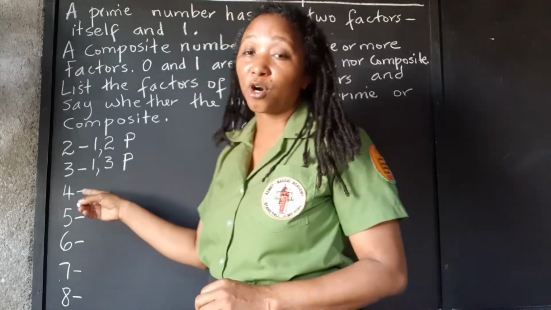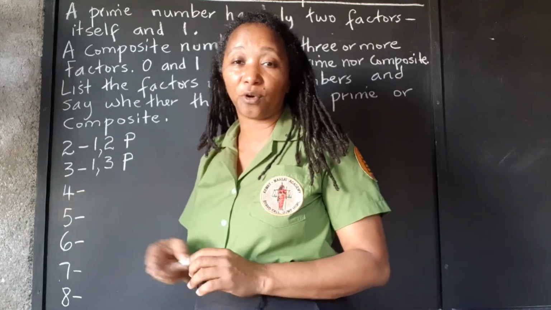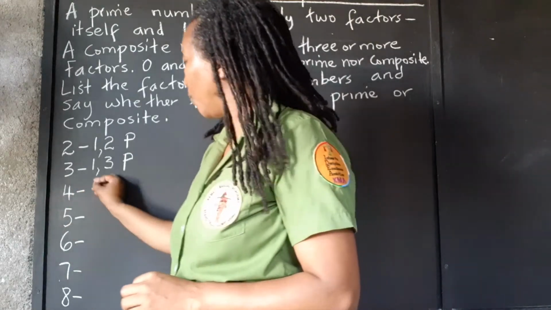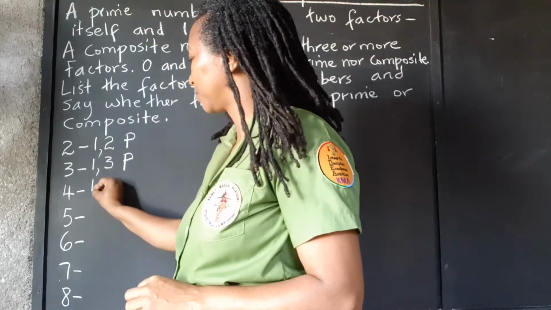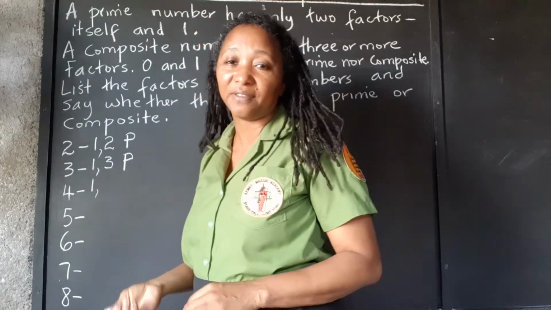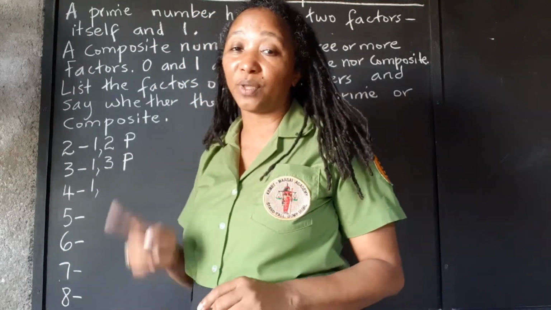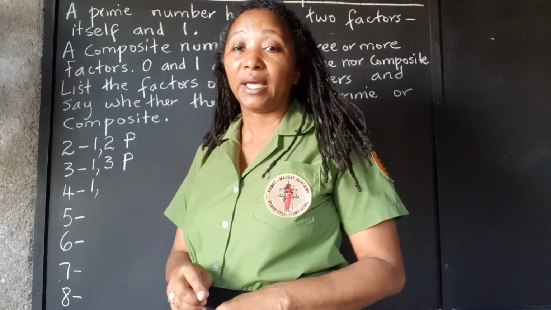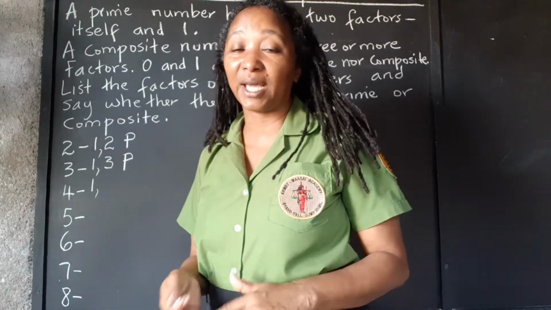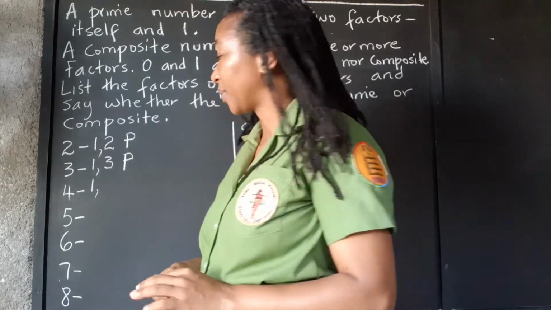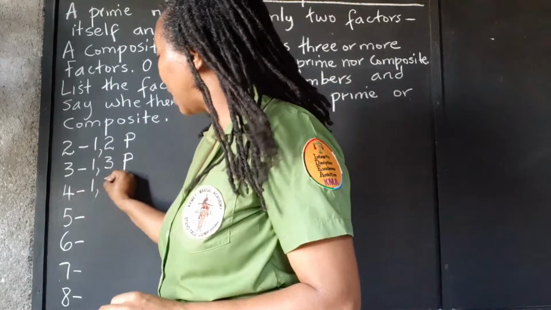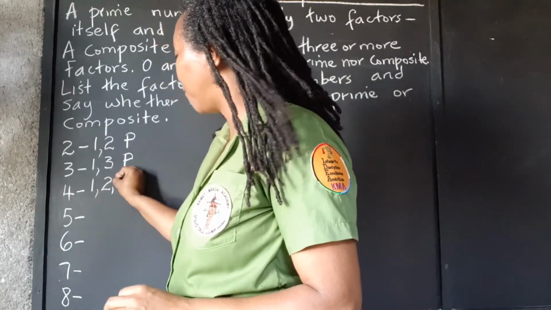Alright, let's look at 4. What are the numbers that can go into 4? What are the factors of 4? We know that 1 can go. Whenever we're asked to list the factors of a number, we always start with 1, because 1 is the universal factor. 1 can go into every number. So 1 can go, 2 can go, and 4 can go.